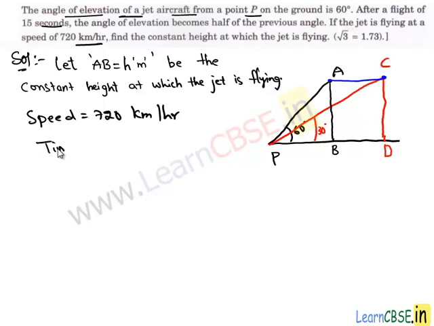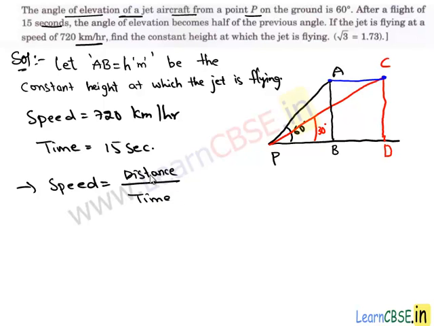So the time taken by the jet to move to point C is 15 seconds. From the definition of speed, speed is the distance traveled by the body per unit time. So we are given time in seconds. We find the distance, which is AC. It is 720 kilometers per hour, and we have the time, which is 15 seconds, and it is equal to our distance, which is AC.